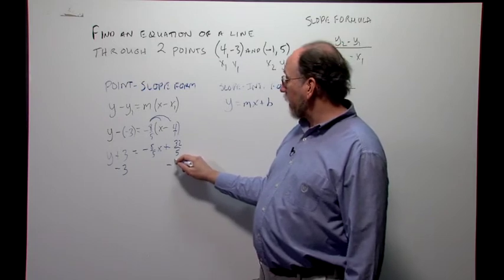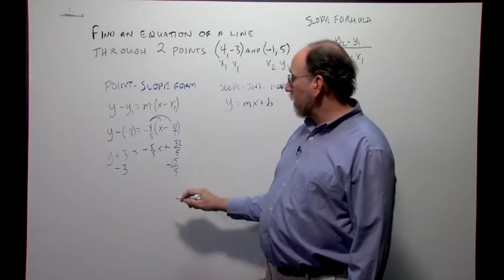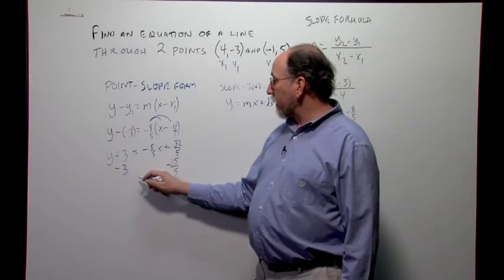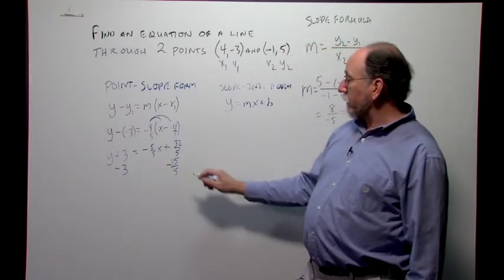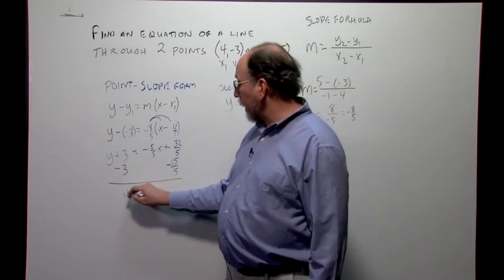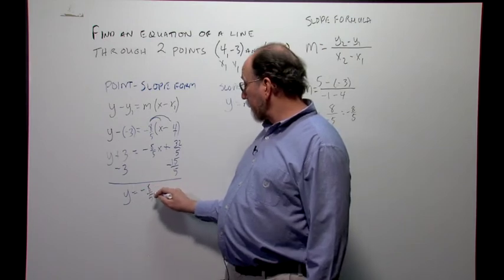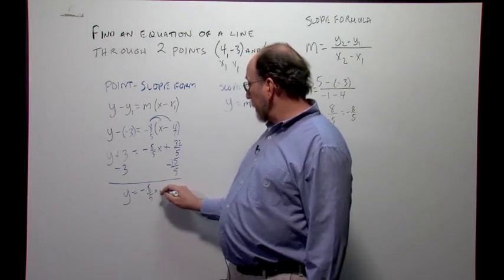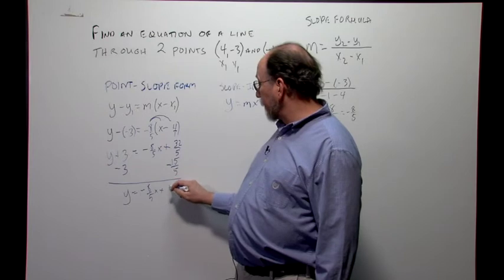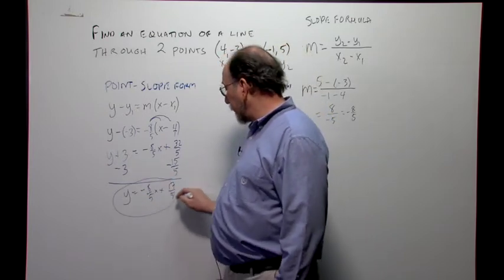So together, I'm subtracting 15/5. We change this to fifths by multiplying by 5 over 5 and get 15/5. And so my final answer is y equals negative 8/5 x plus, and 32 minus 15 is 17/5. And we circle that.